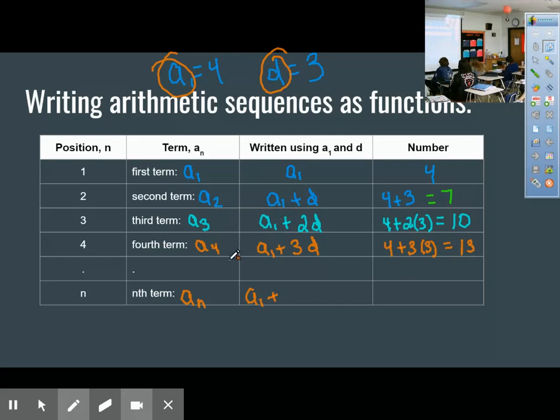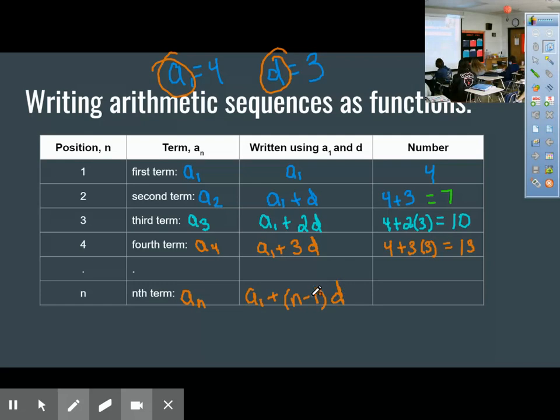What if it was the 100th term? How many times would I add it? 99. What if I said the 621st term? 620. So notice each time you're doing one number before it. Okay. So what you would put there instead of doing the nth term, it's n minus 1 times the difference.